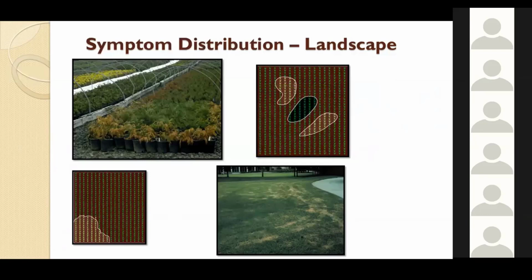The big thing about symptom distribution is that if it is a biotic disease, so one caused by a living agent, typically those are not very uniform. The environmental issues tend to be a lot more uniform across the landscape, but true disease caused by a biotic factor often will look similar to what we're seeing right up there.